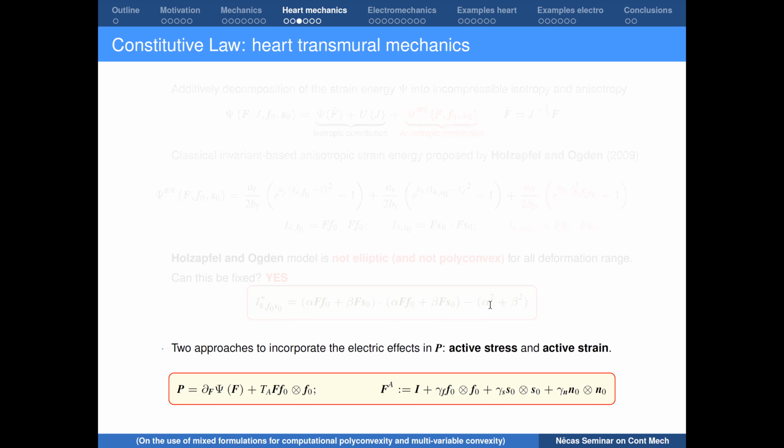Now, from the point of view of the modeling, two typical approaches are established in heart mechanics. One is the active stress approach, and the other one is the active strain approach.